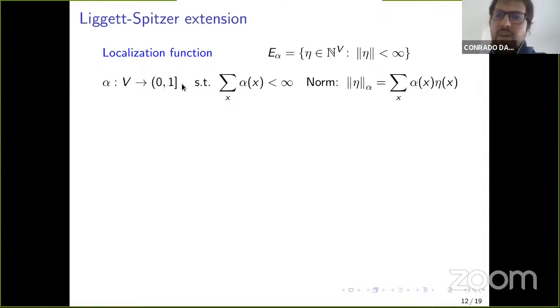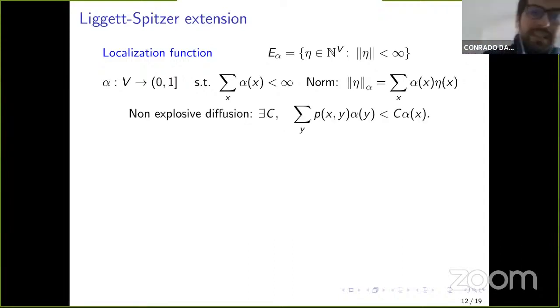This alpha is a localization function. So let's assume that it's one only at the origin, and it's measuring some sort of distance with respect to the origin. Points that are very far away have very little importance, and changes there are also going to be discounted by this factor alpha(x). So typically we think of alpha(x) as e to the minus alpha absolute value of x. So that's a nice localization function for finite range transition kernels.